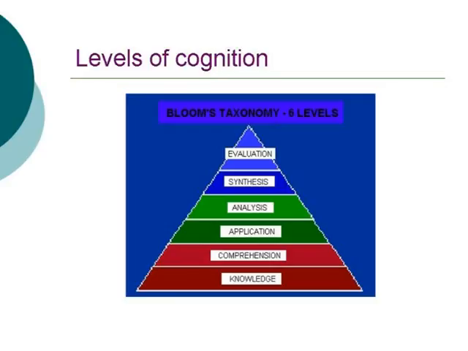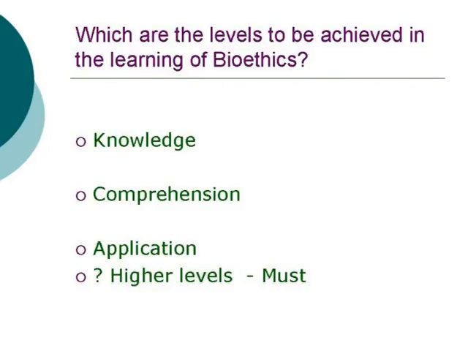From simple knowledge recall, you go up to the stage of evaluation. And what do you think is the level to be achieved in the learning of bioethics? Is it enough you have knowledge, comprehension, application? Enough? Shall I stop? No, the higher levels are a must in this particular field.